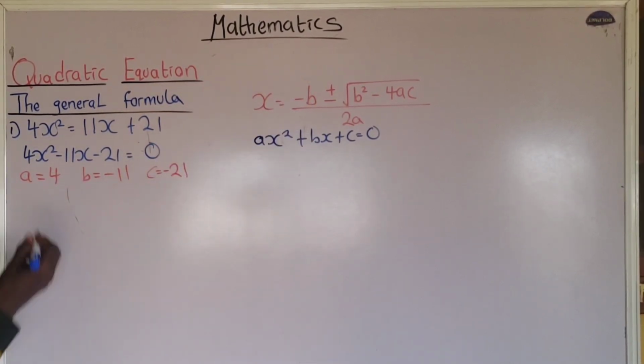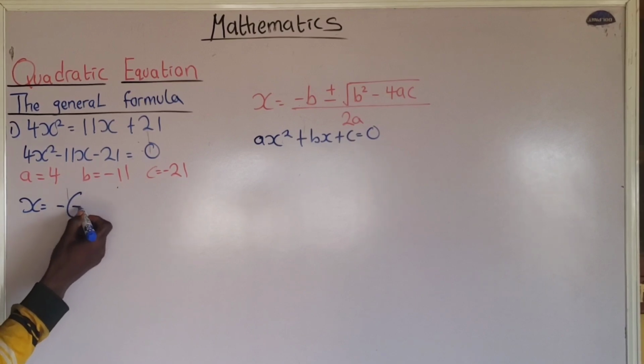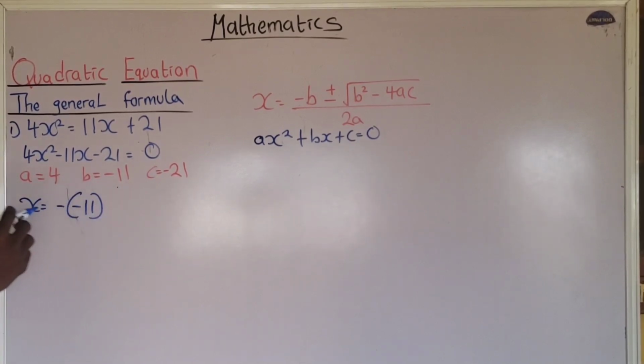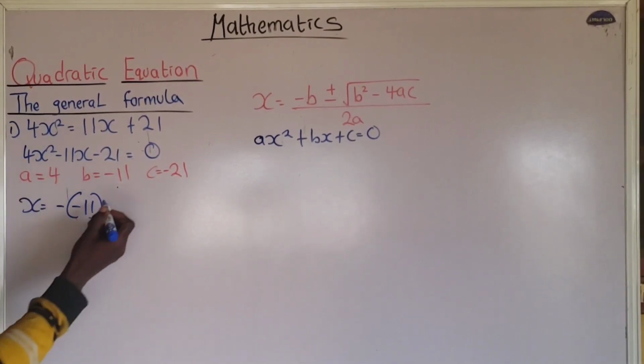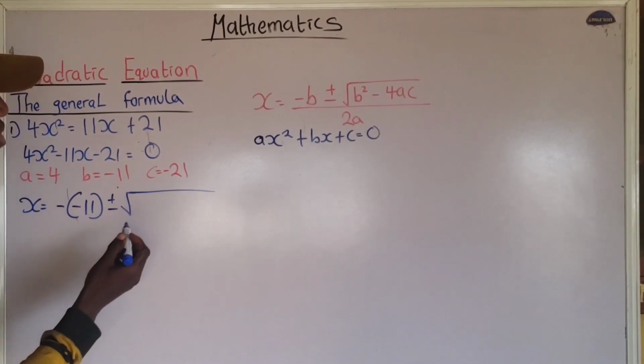So I'm going to have x equals minus b. Don't forget that b is what? Negative 11. So I'm going to have minus into bracket negative 11, because b is negative 11. Are you paying attention? Plus or minus the square root of b squared.